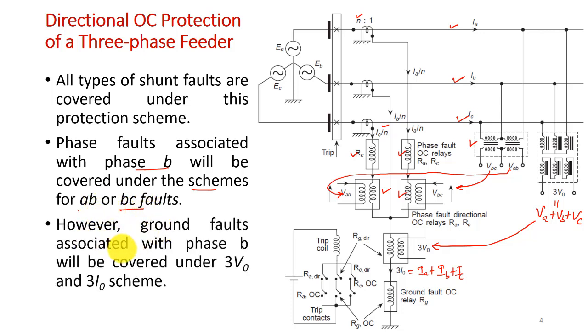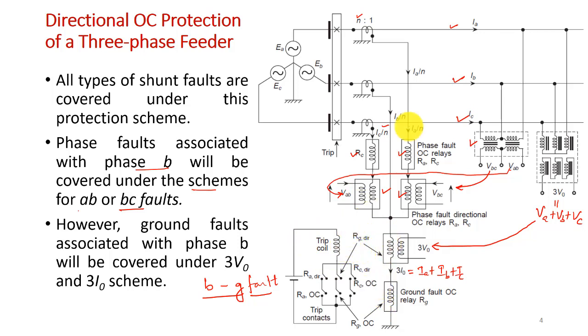However, ground faults associated with phase B will be covered under the 3V0 and 3I0 scheme. A ground fault associated with phase B is a B to G fault, so it will be covered under the 3V0 and 3I0 scheme by this ground fault relay.